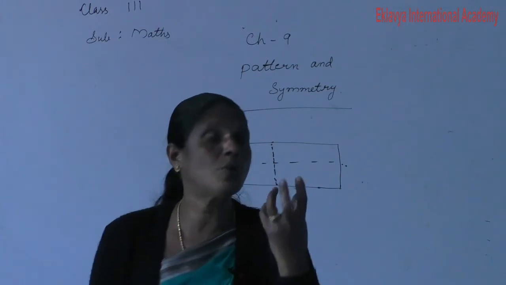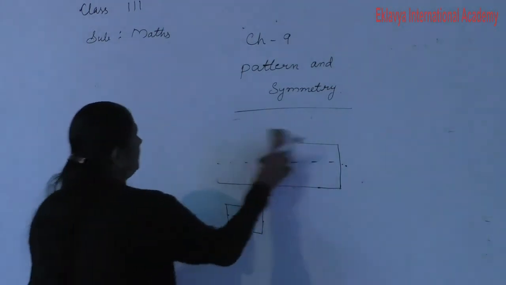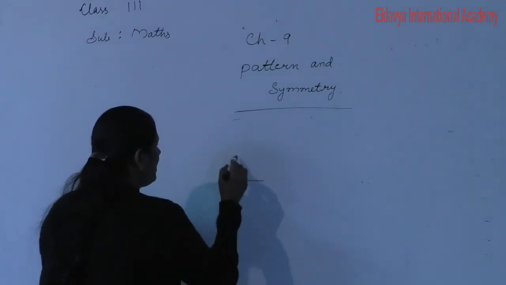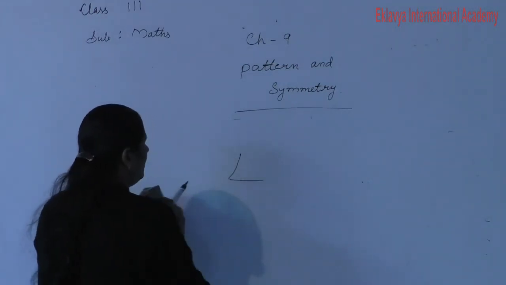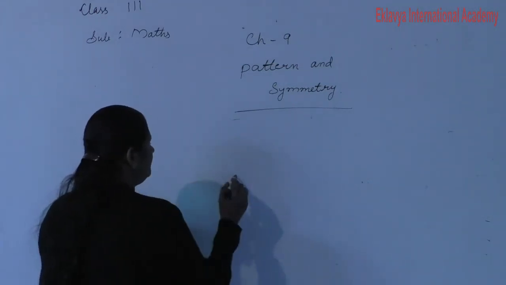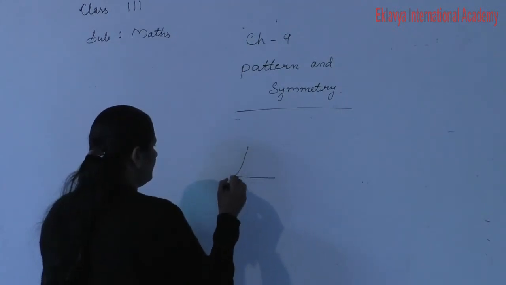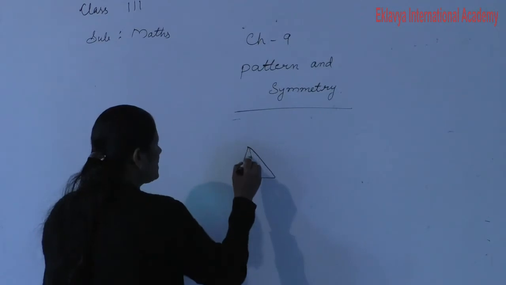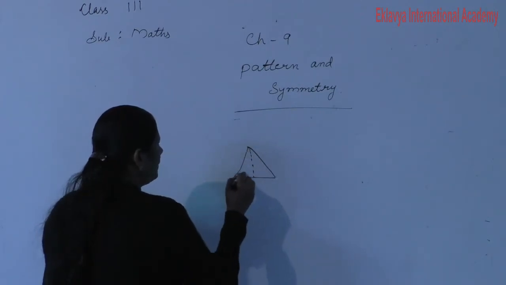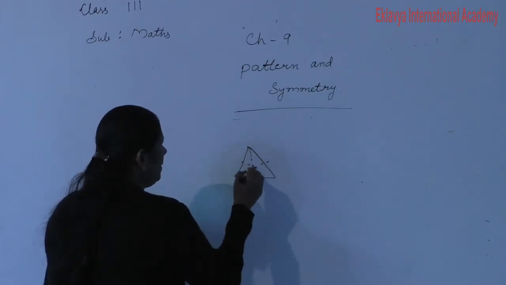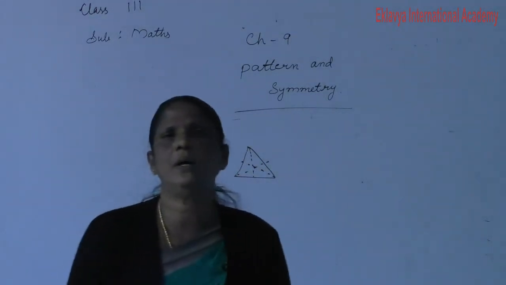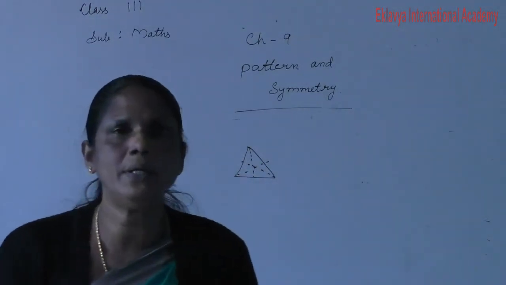That is also a symmetry. Equilateral triangle, all sides are equal. That is a symmetrical shape we take. Okay. This is pattern and symmetry.